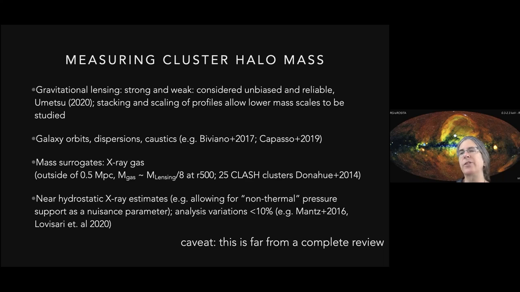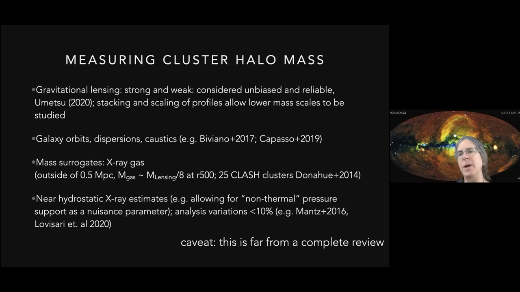Traditionally, cluster masses have been measured by tracking galaxy orbits, measuring the dispersion, their caustics, their phase space, and check out works by Biviano and Capasso for updates on that. Other mass surrogates: it turns out the X-ray gas mass is a pretty good surrogate for the total mass.